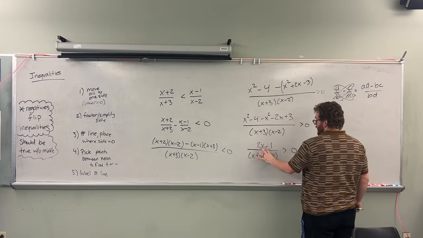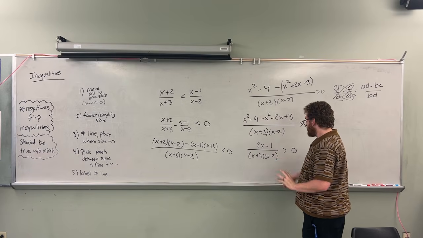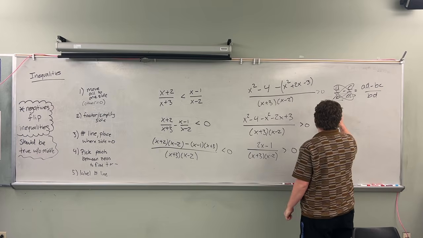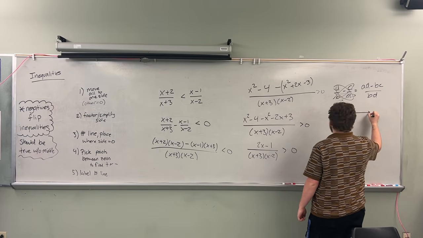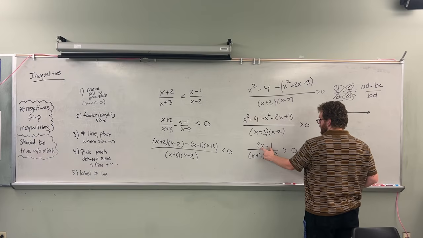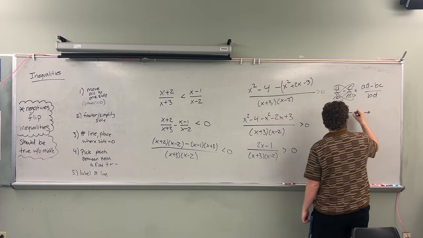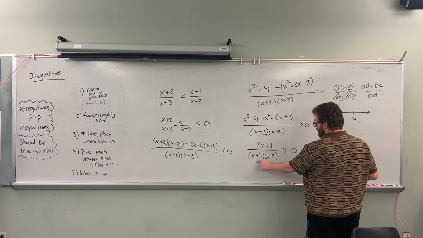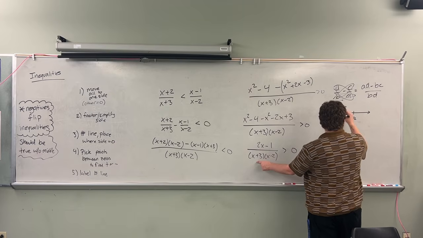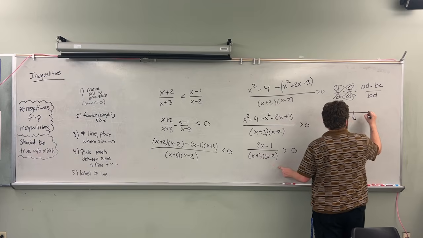So now I'm going to go to where the numerator or the denominator are 0 on my number line. 2x minus 1 is 0 at x equals 1/2. This will give me a negative 3. This will give me a positive 2.